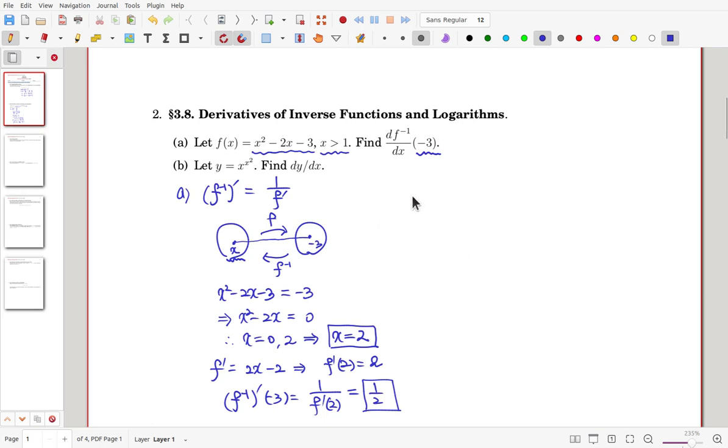Now part B. Now the function is given with a power. When you try to find the derivative, you may use logarithmic differentiation.